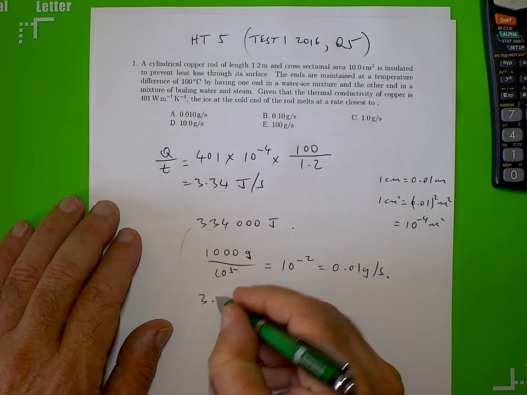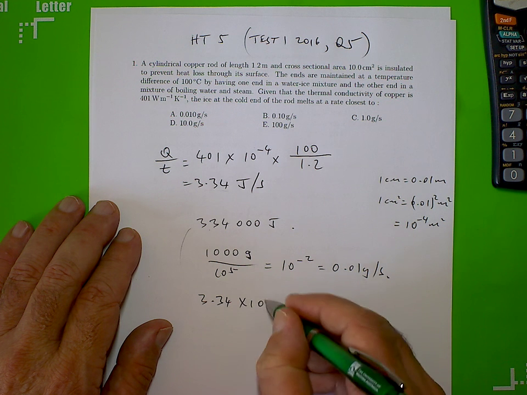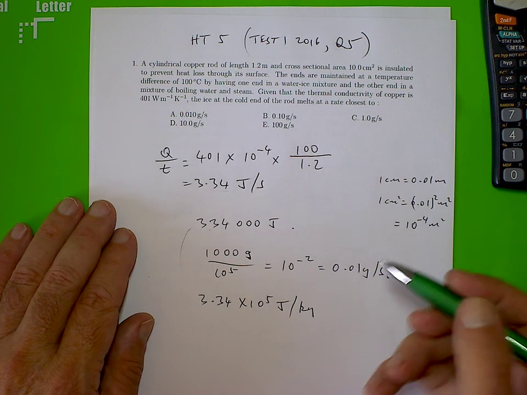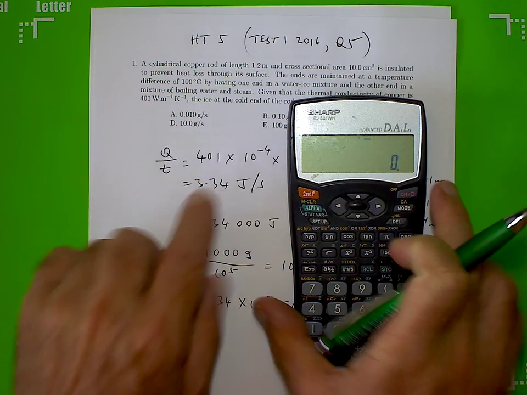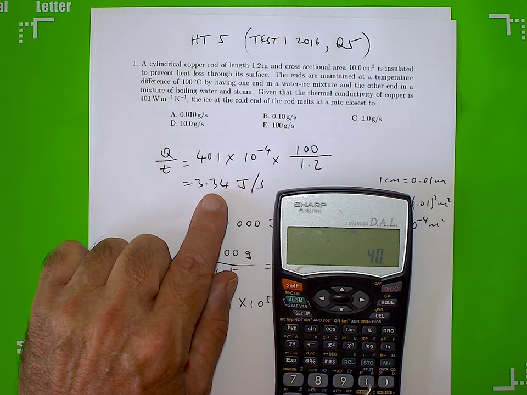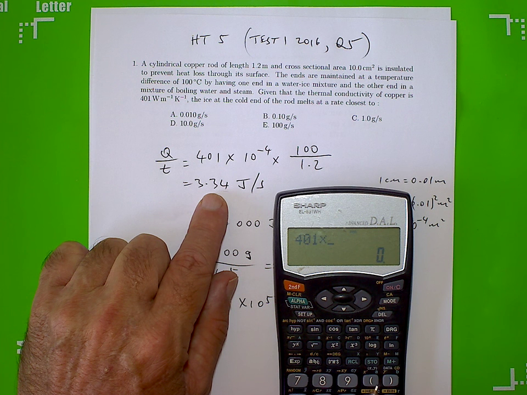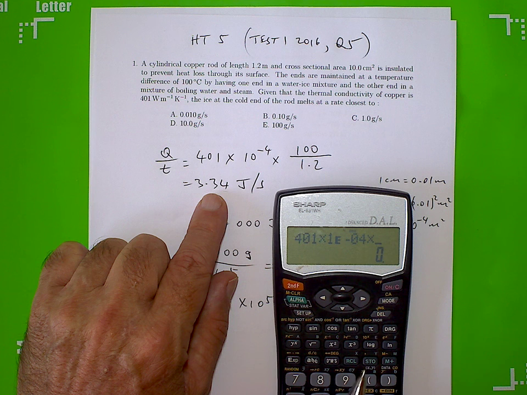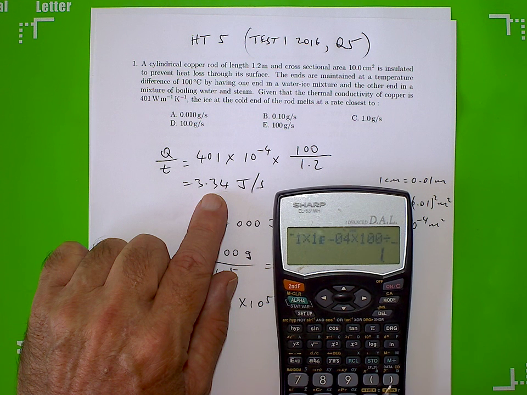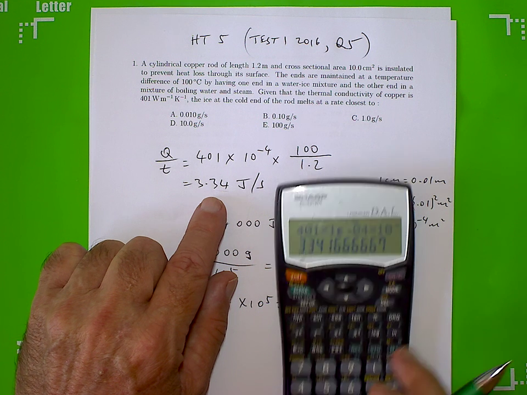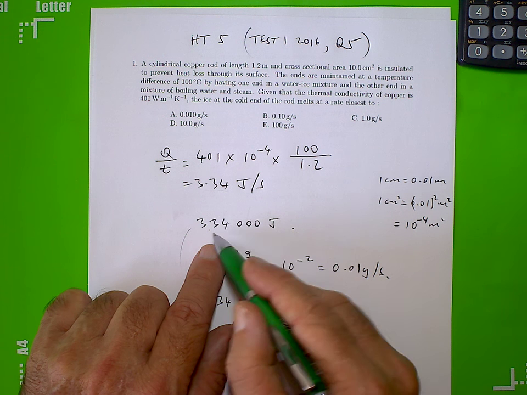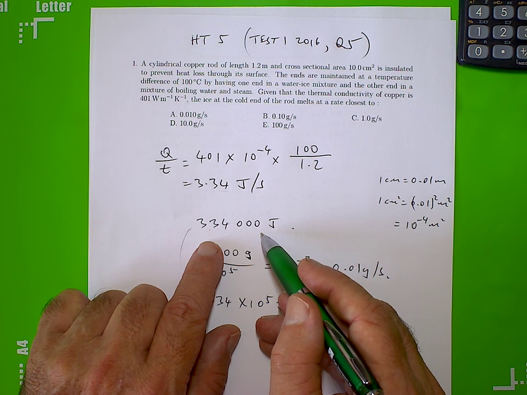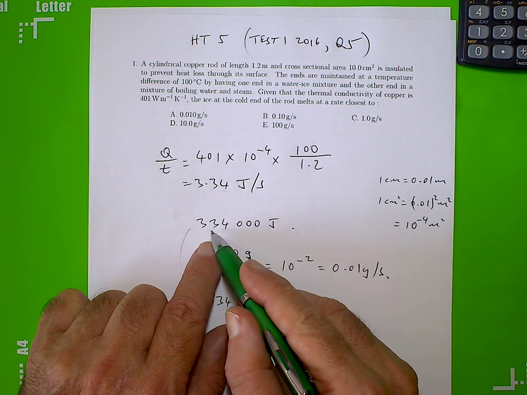So that's 3.34 by 10 to the 5th joules per kilogram, and double check this calculation again. 401 times 10 to the minus 4 times 100 divided by 1.2 equals, yep, 3.34 joules a second, and we need 334,000 joules.